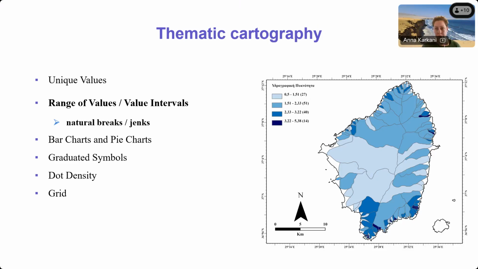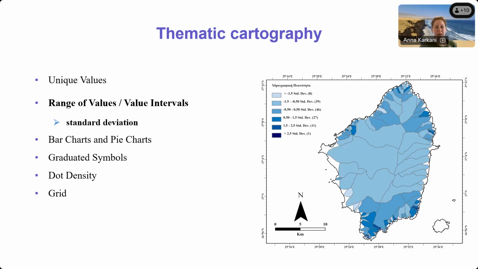Again, you see the corresponding map here. In this case, the value intervals are created based on an algorithm that the software runs using the mean of its range to try to distribute the data as uniformly as possible. So this is the idea of this type of thematic cartography.